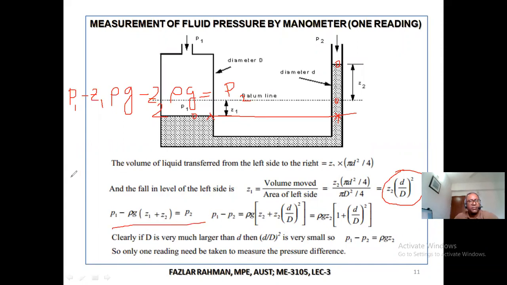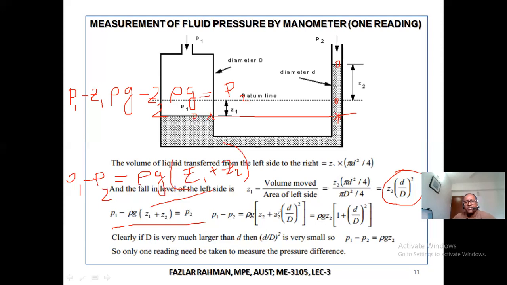So from here, if you figure out P1 minus P2, this will be rho G (Z1 plus Z2), right? This will be our equation.